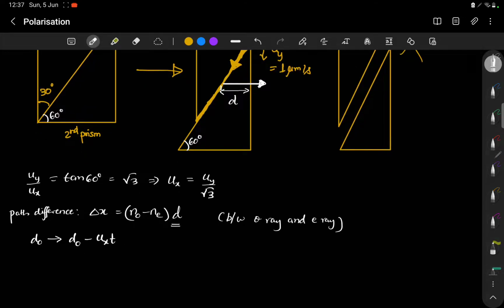So let us say the initial path difference between the O and E rays is going to be as follows.